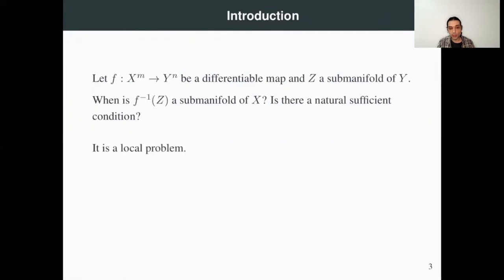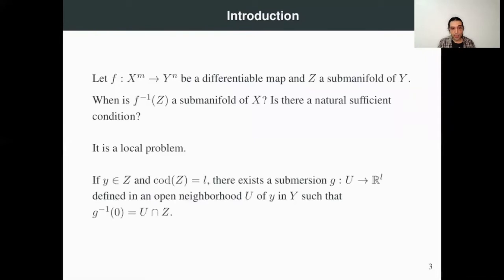In order to know whether or not the preimage of C is a submanifold, it suffices to study the neighborhood of every one of its points. So we can actually consider local charts and translate this problem into a problem of differentiable maps between open subsets of Euclidean spaces. That's not going to be an issue at all.